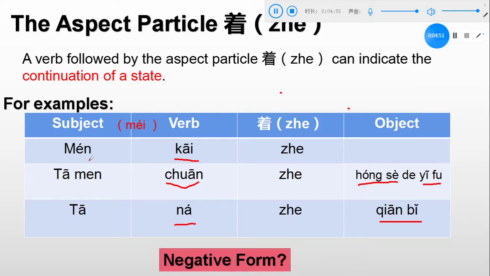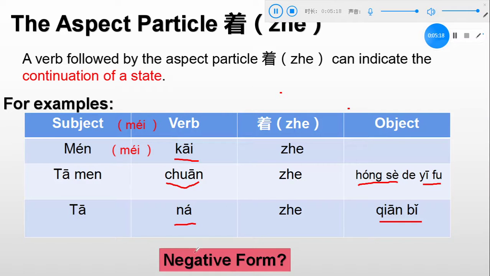Okay, example 1, negative form. 门没开着. 门没开着什么意思? The door is not open. Okay, this is example 1. And then example 2. 他们穿着红色的衣服，意思是 they wear red clothes.